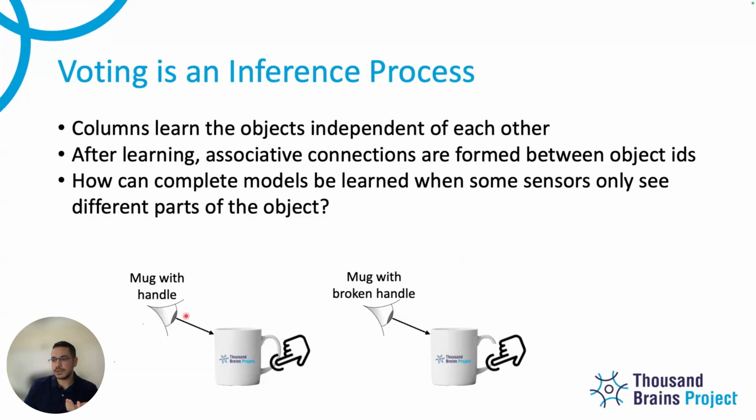If we have an eye looking at an object, and a touch sensor inspecting the handle, the eye cannot see the handle, and the touch sensor cannot see the cup. What we want to build is a complete model. How can the eye come up with an object ID that says this is a mug with a handle, or a mug with a broken handle, without even seeing what's happening here?